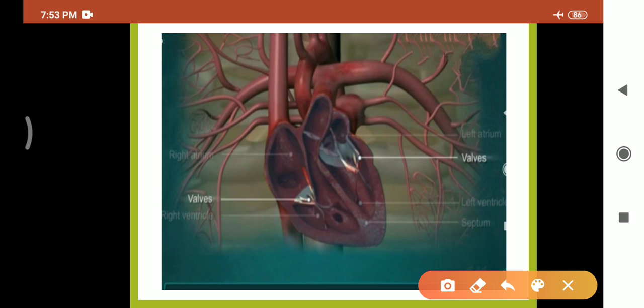When blood comes into the heart, walls are present over here, so when blood enters the heart, it is not allowed to flow back. Because you know the heart is a conducting system, a pumping organ that continuously contracts and relaxes.